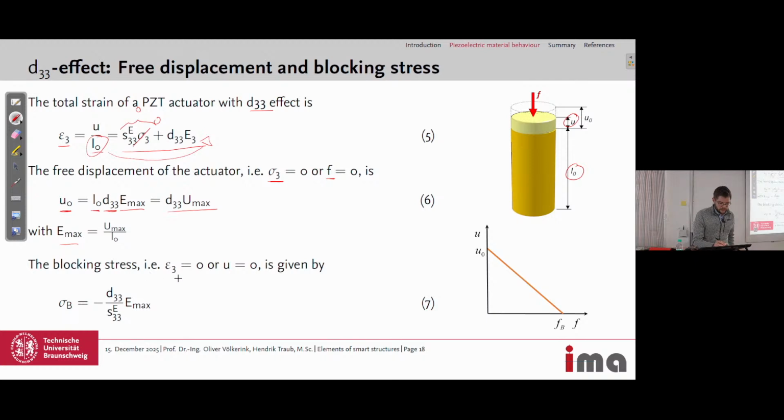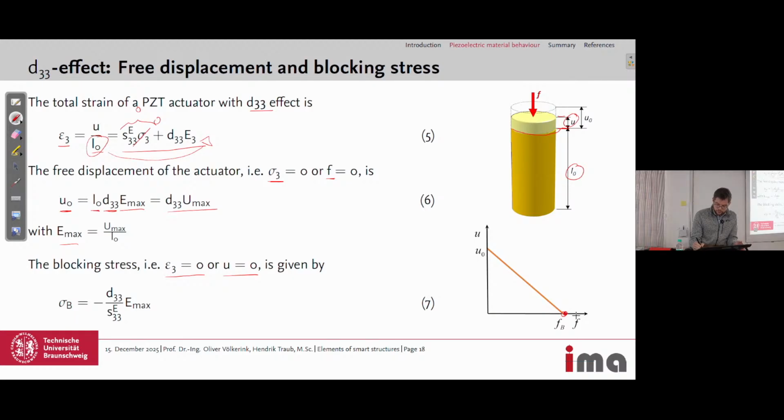And we can do the same for the blocking stress. Then we say that epsilon 3 is 0, therefore u is 0. So we have no elongation here. We are at the initial length again because we push it back. So we are at this point in the work diagram.